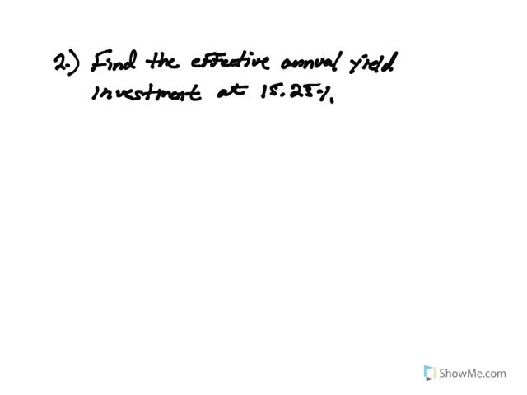And it's going to be compounded annually. So let's make the rate a decimal, which is 0.1525. N is going to be annually, so that's 1. Now we can calculate the effective annual yield.